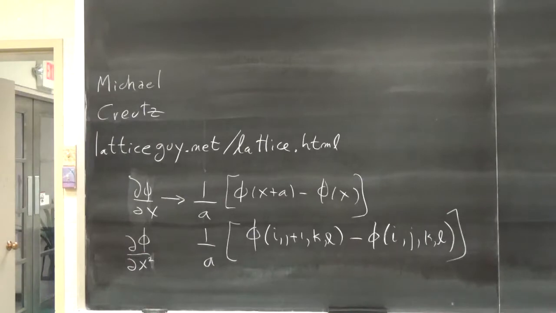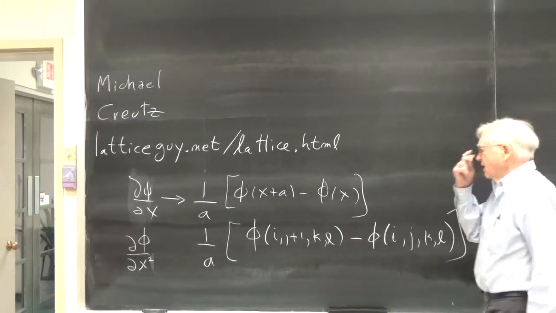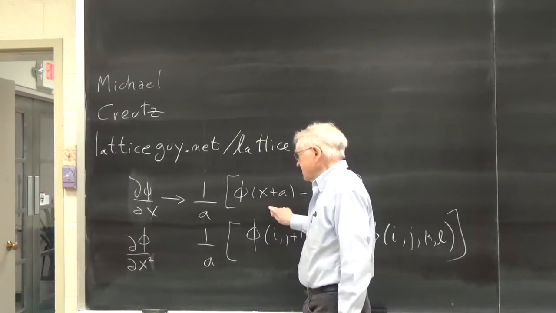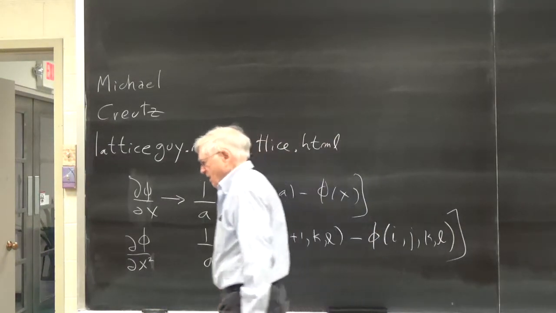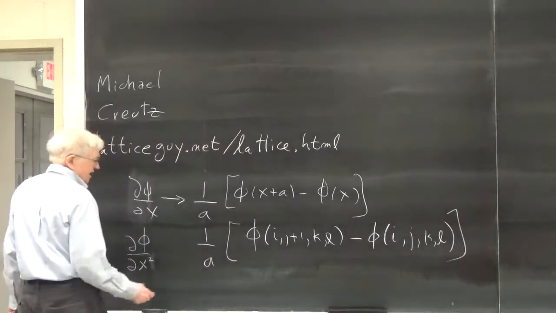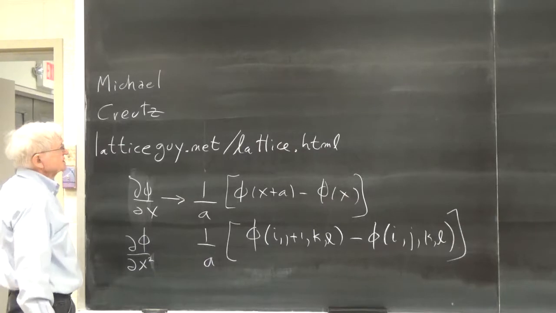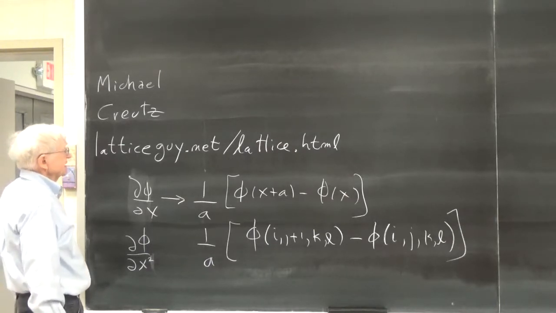What is called lattice gauge theory is to take a gauge theory, but instead of just making this change, there also is another change that's made.